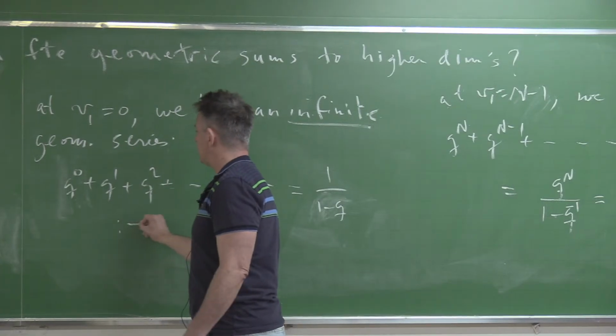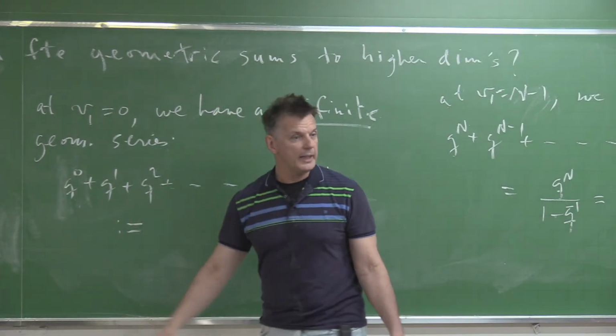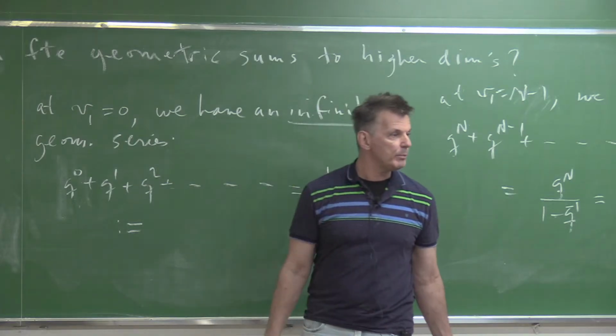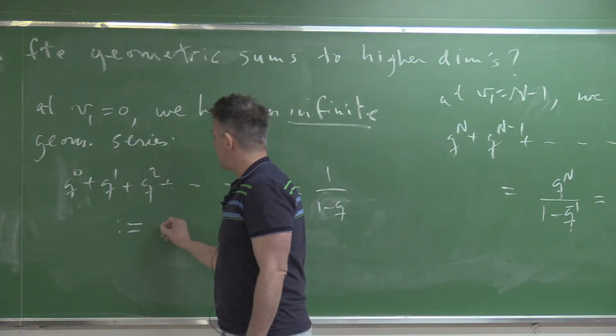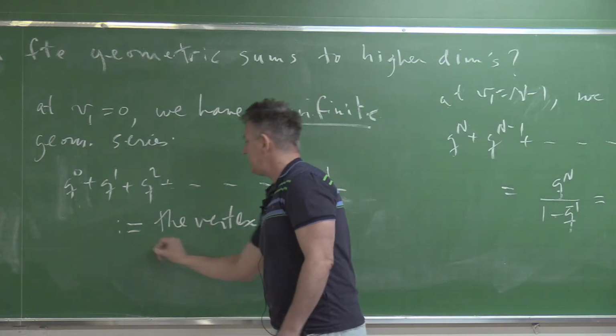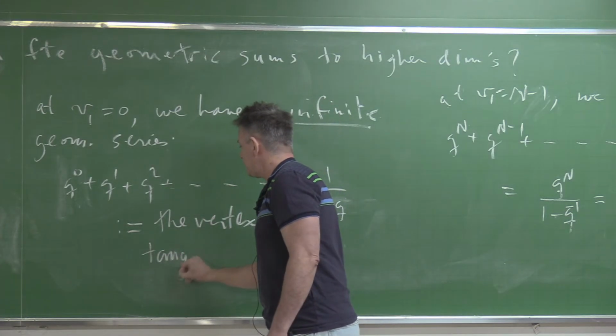Now it's time to start naming things. So this is going to be the vertex tangent cone, our first geometric object today. This is the vertex tangent cone. And this is exactly what extends to higher dimensions.